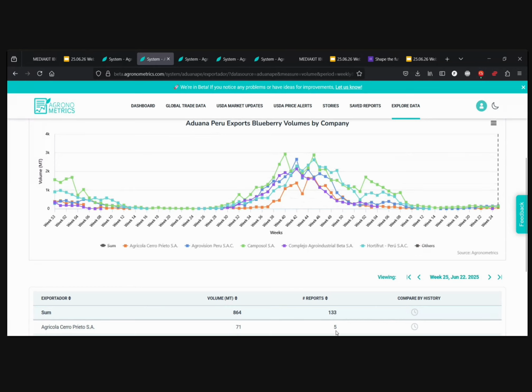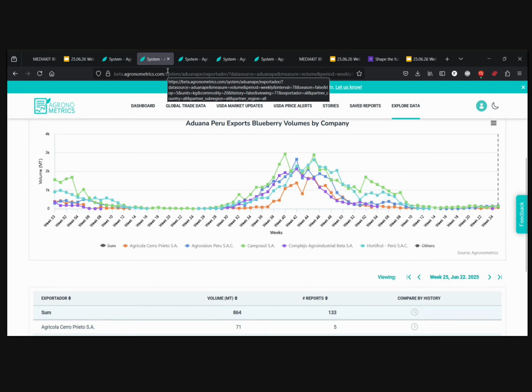This helps us build a better idea of what the commercial strategy of each exporter is, but also how to work with this data. Because you have to control for a lot of different factors, not only the producing region of the fruit, but also how it's produced. Some of that will be controlled by the exporter itself.